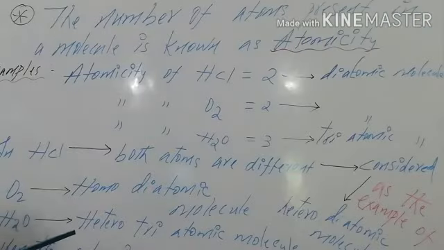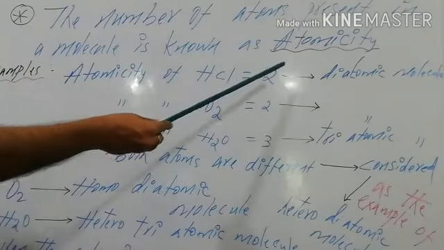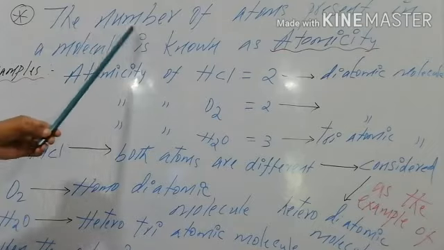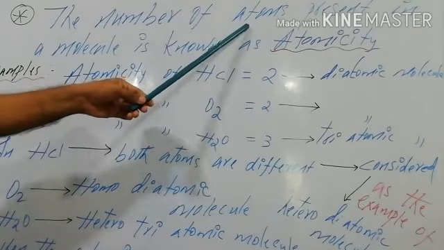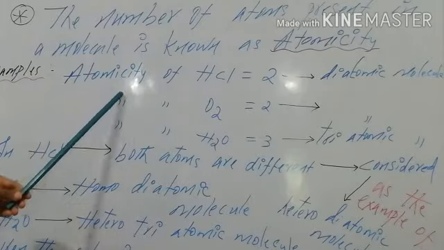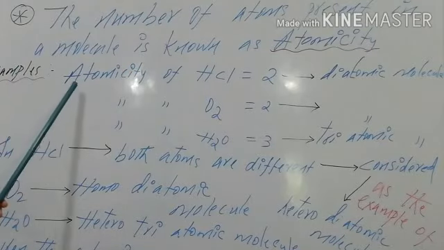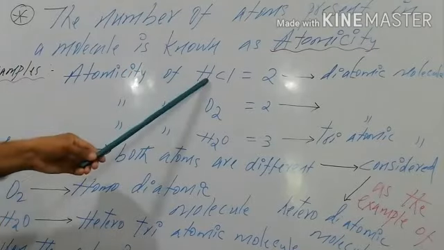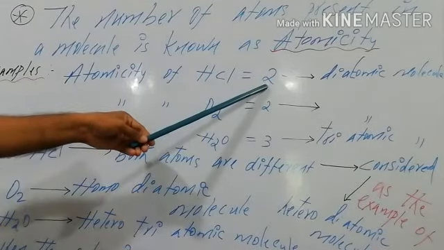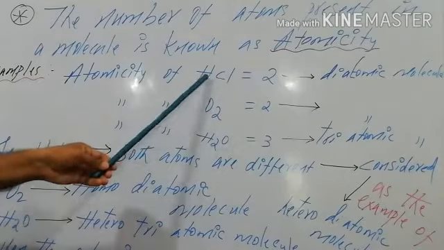Next comes what is meant by atomicity. It is defined as the number of atoms present in a molecule. Examples of atomicity: hydrochloric acid, its atomicity is 2. Hydrogen is 1 and chlorine is 1.